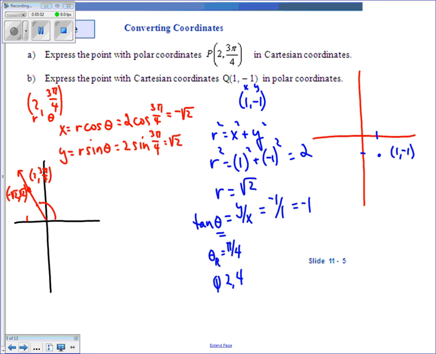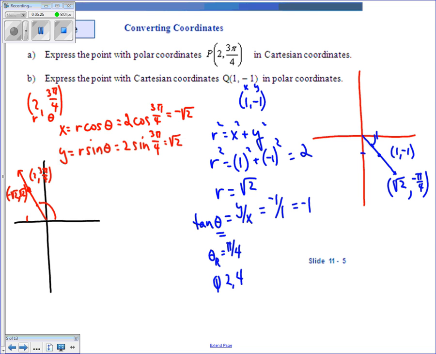Now there's more than one way to give those coordinates. I know the reference angle is pi over 4, so I could have said negative pi over 4, and if I'm moving in this direction, the terminal side would be pointing that way, so I would have a positive square root of 2 for the r. That's one way to describe it.